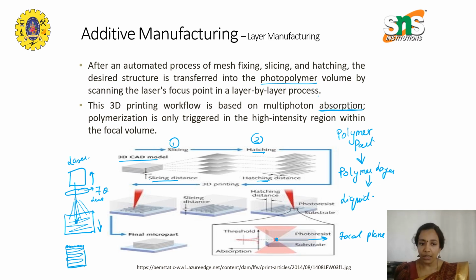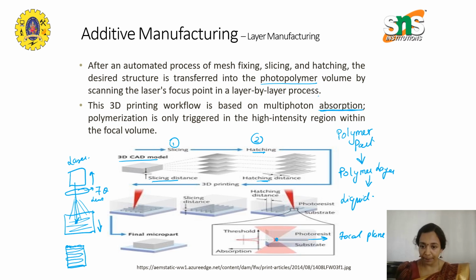We are hatching. A three-dimensional CAD model is there. We are slicing it, making it into layers. The slicing distance is mentioned, and the hatching distance is mentioned, and three-dimensionally we are printing the data. Photoresist substrate will be there, a polymer layer will be there.